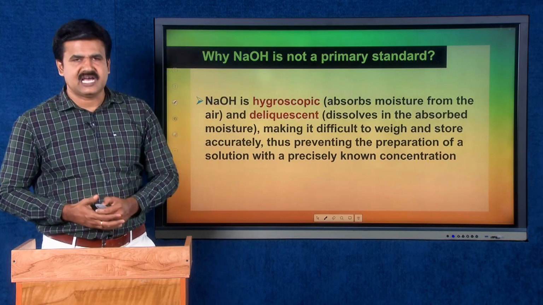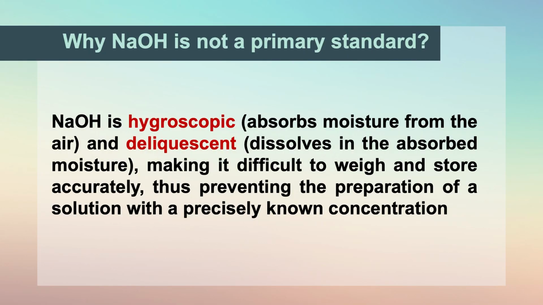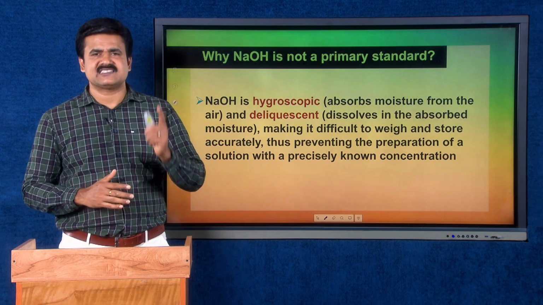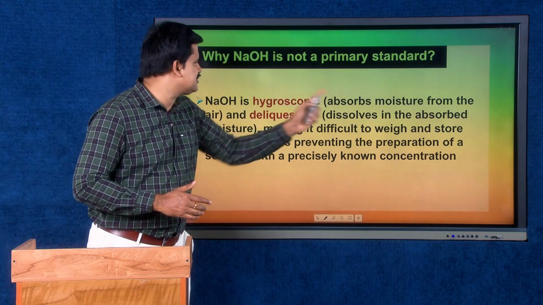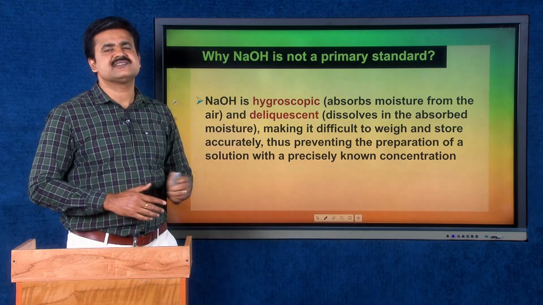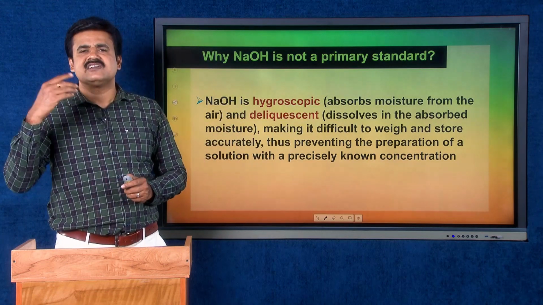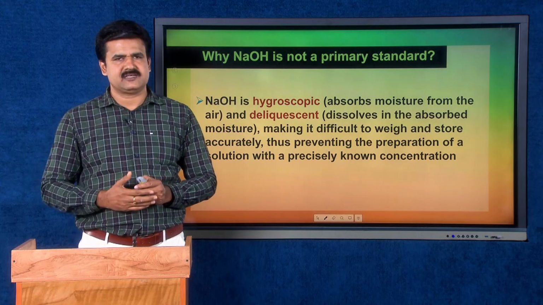This is your answer. Sodium hydroxide is hygroscopic. What do you mean by a hygroscopic material? A hygroscopic material is a substance that absorbs moisture from the air or atmosphere and tries to dissolve in it. Sodium hydroxide is hygroscopic, that is, it absorbs moisture from the air, and is also deliquescent in nature, that means it dissolves in the absorbed moisture.